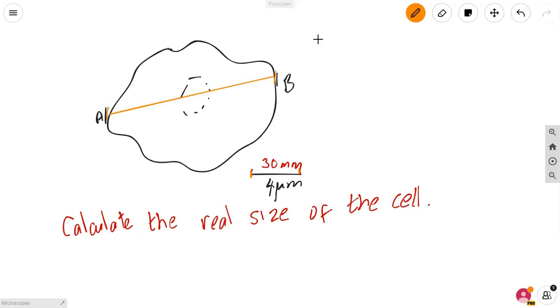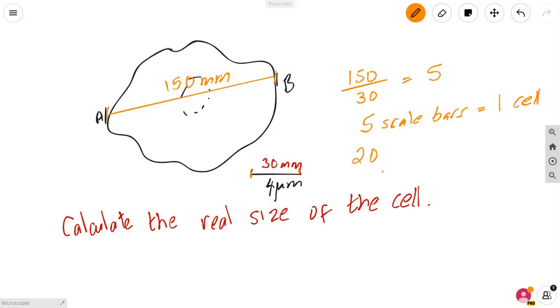Let's say that is, for ease purposes, 150 millimeters. So we know that if we do 150 divided by 30, we have 5. So we know that 5 scale bars equals 1 cell. And we know that each scale bar is 4 micrometers. So we know that 20 micrometers equals 1 cell.